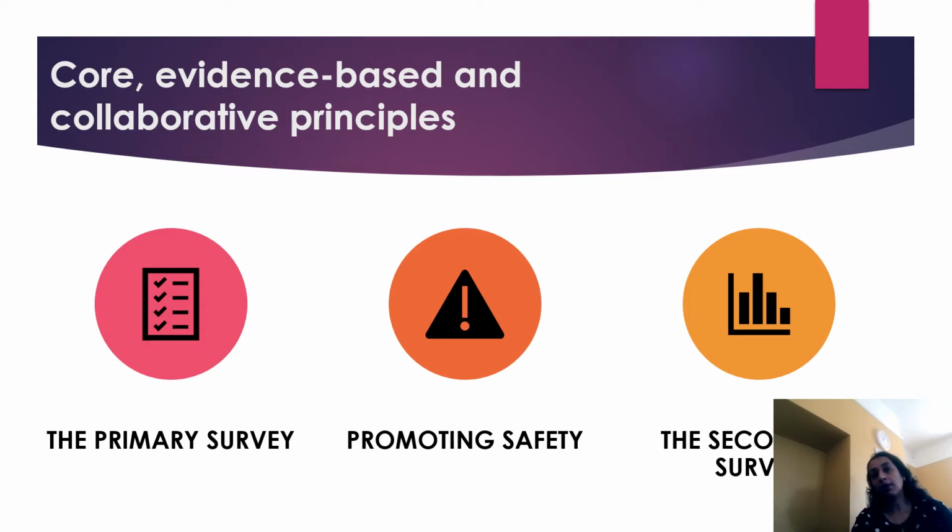After doing the primary survey, it's very important as a bedside critical care nurse that we do the safety check. There are certain things we have to make sure are done at the beginning of every shift. And next is the secondary survey.